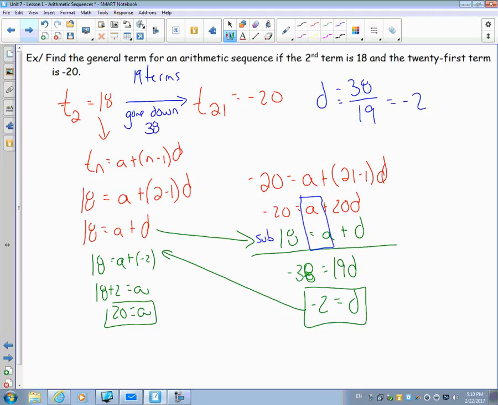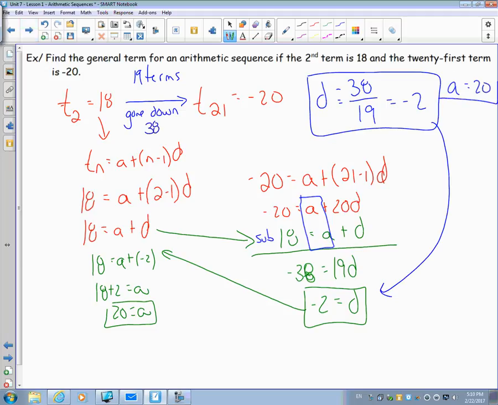Negative 2. It's a faster way of getting the same thing as we had down here. And once I know I've gone down 2 each time, could I not really quickly think, well, if the second term is 18, I go down 2 each time, the first term has to be 20, right? Just by using some common sense.